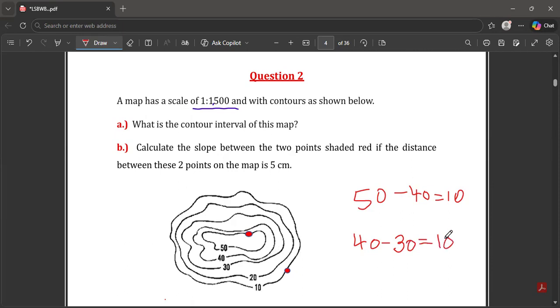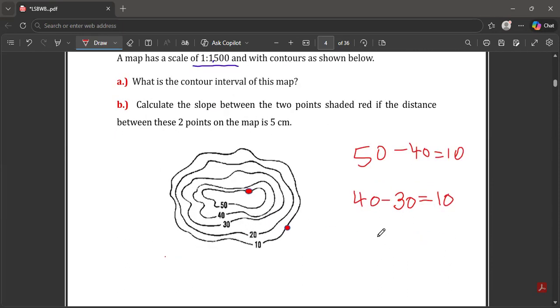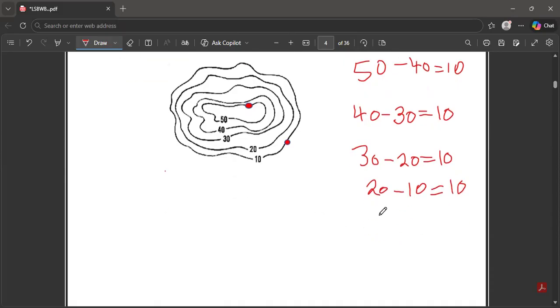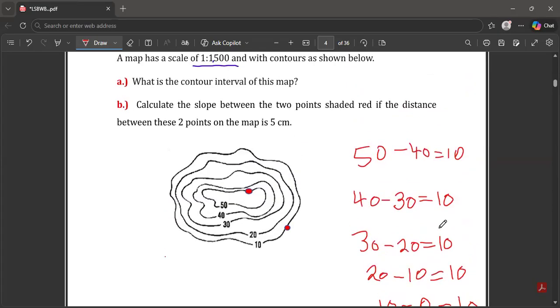Take note that 30 minus 20 is also going to give you 10. The last but not the least, 20 minus 10 is also going to give you 10. Take note, 10 minus 0 will still give you 10. Exactly.